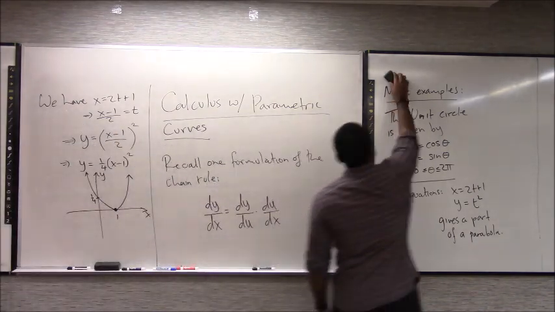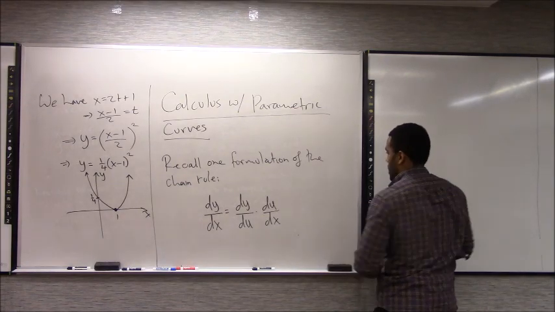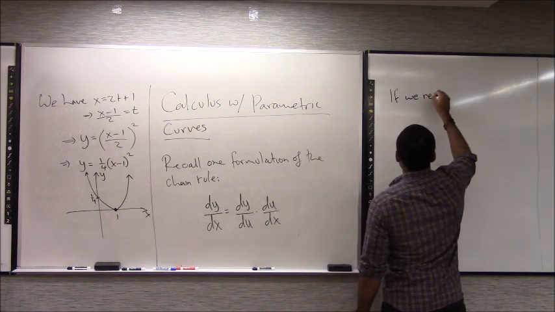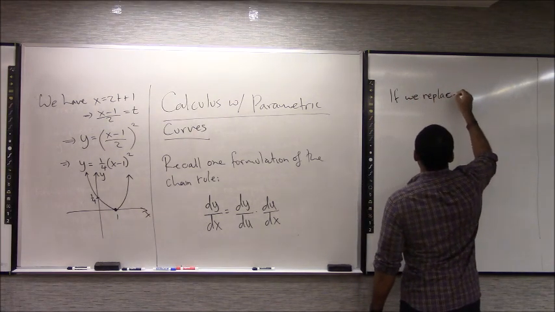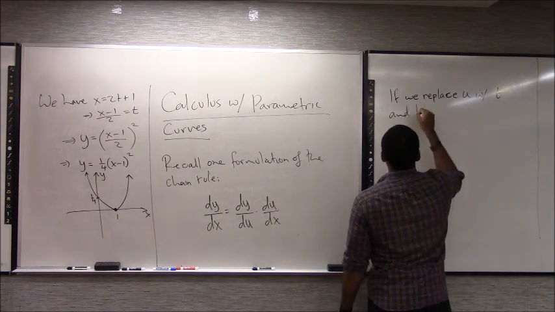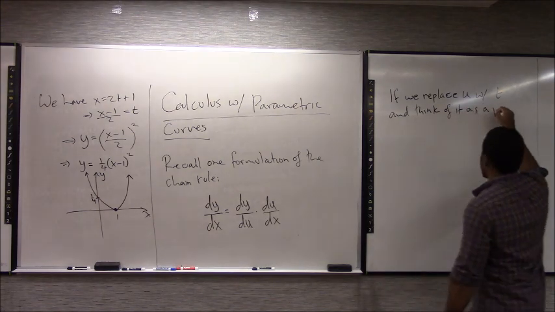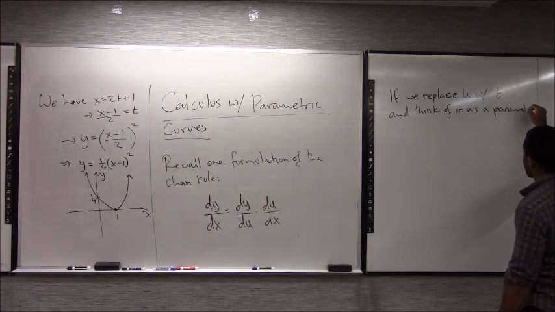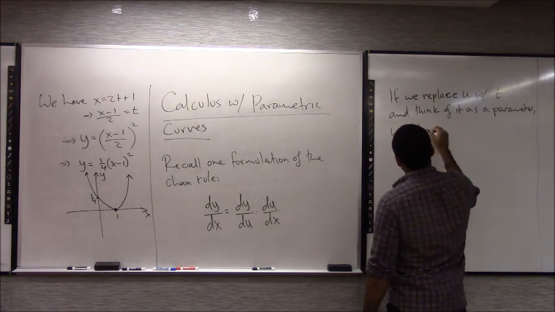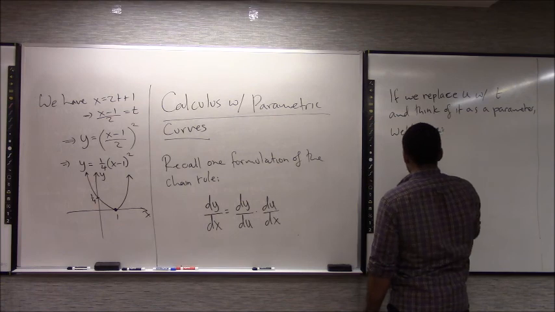Notice here, if we replace u with t and think of it as a parameter, we'd have dy/dx.